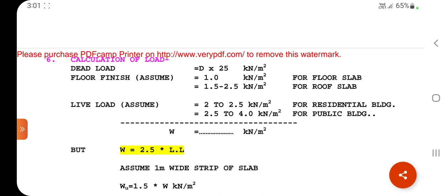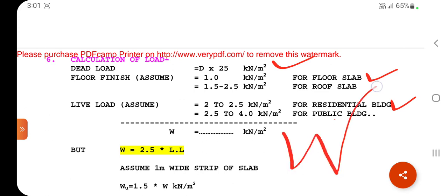Then for a public building we assume it as 2.5 to 4 kilonewton per meter square. Then we take the summation of dead load plus floor finish load plus live load, and that total load is denoted by the capital letter W.